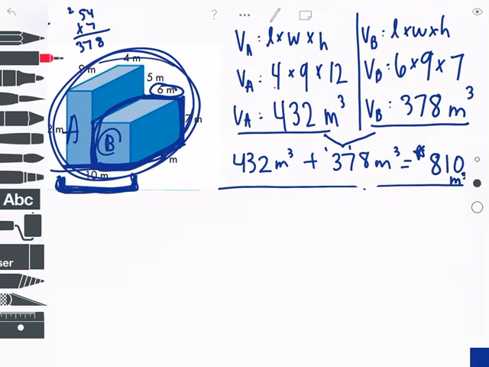Now I did mention, I'm going to attempt to draw the figure here so that you can see.